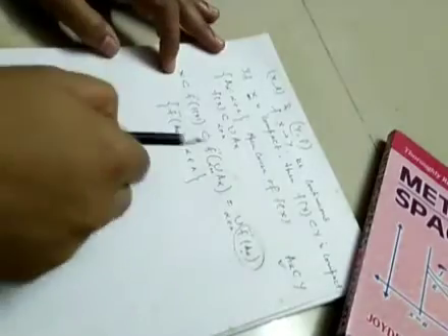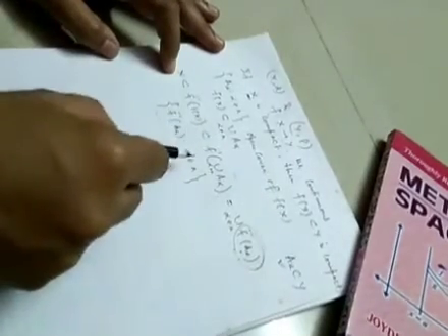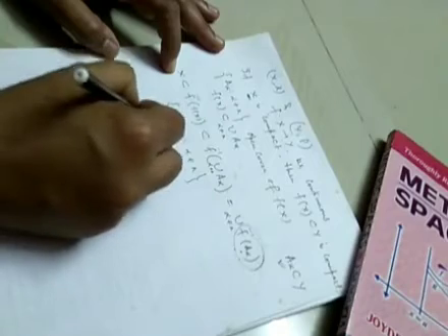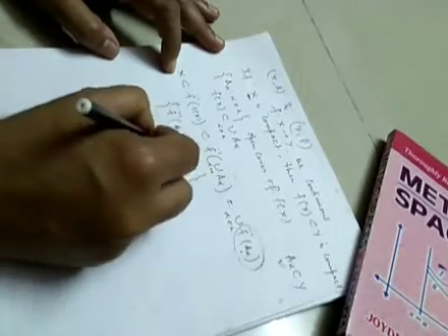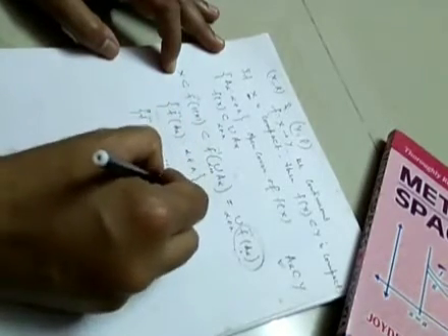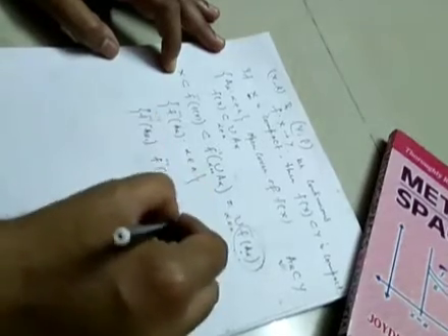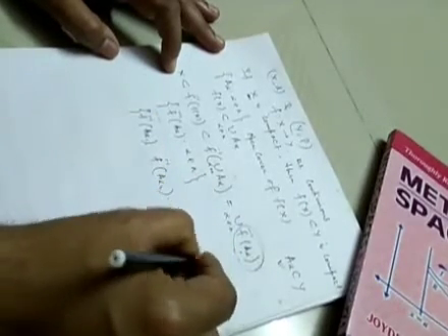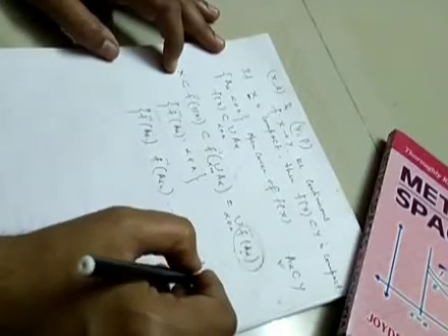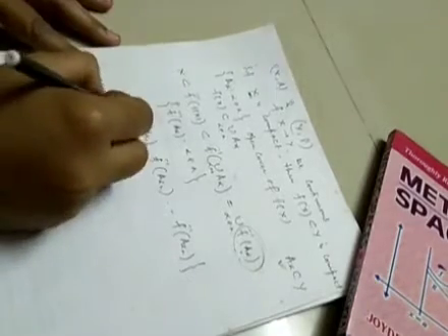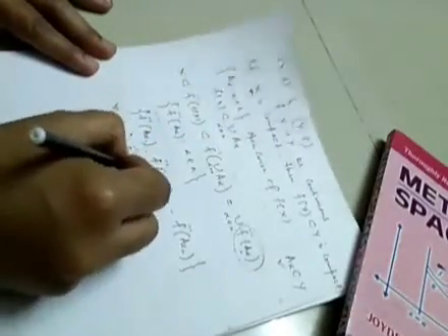Now X is compact, so this open cover must have a finite subcover. So f inverse A alpha 1, f inverse A alpha 2, in that fashion f inverse A alpha n, covers X. So we say that X equals the union over i from 1 to n of f inverse A alpha i.